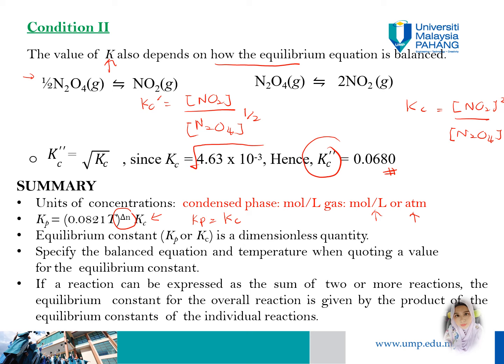Specify the balanced equation and temperature when quoting a value for the equilibrium constant. And if a reaction can be expressed as the sum of two or more reactions, then the equilibrium constant for the overall reaction is given by the product of the equilibrium constants for the individual reactions.